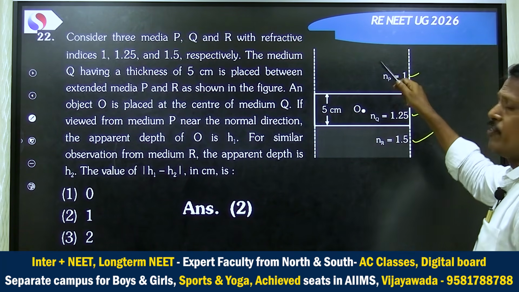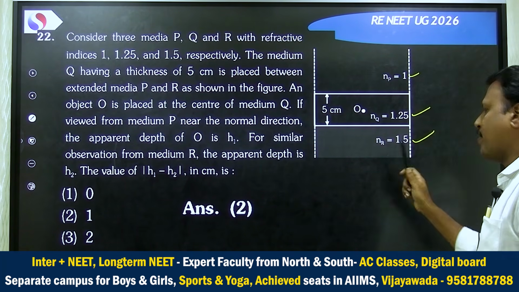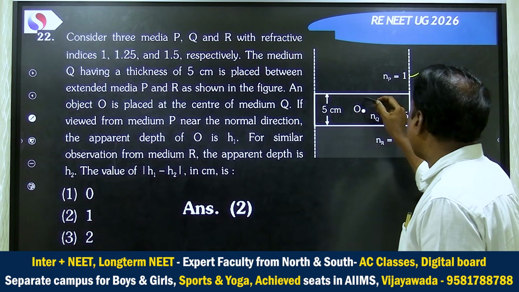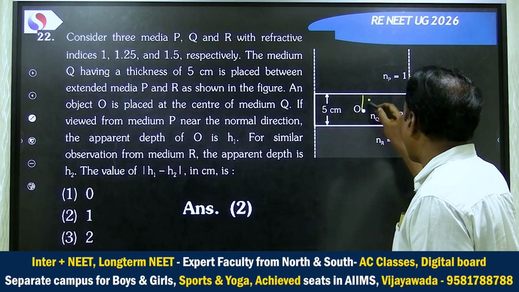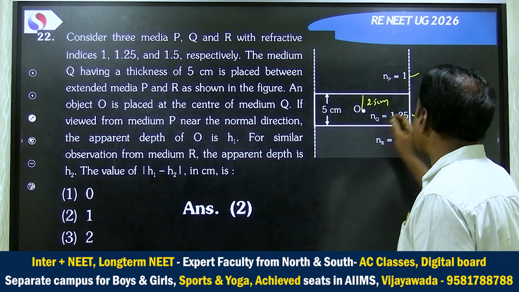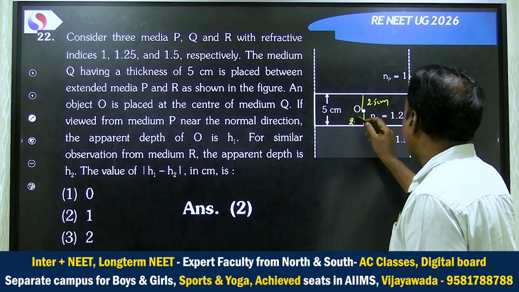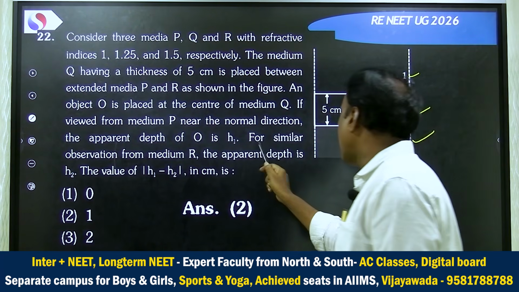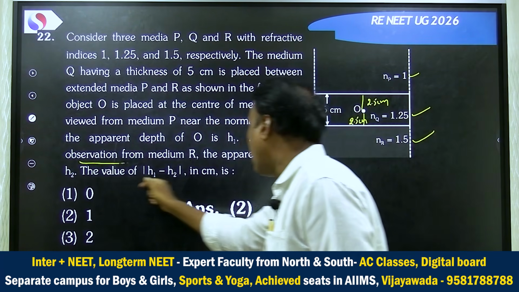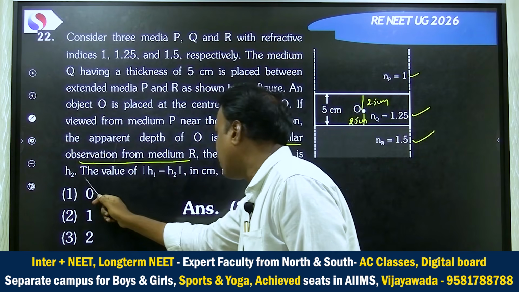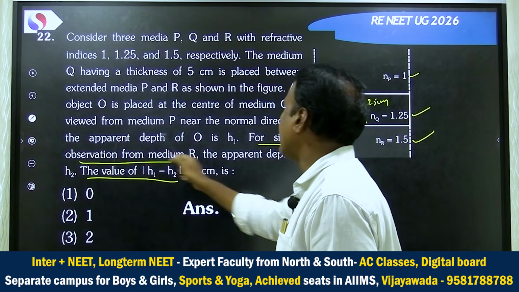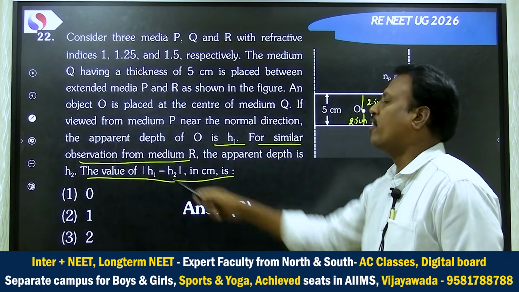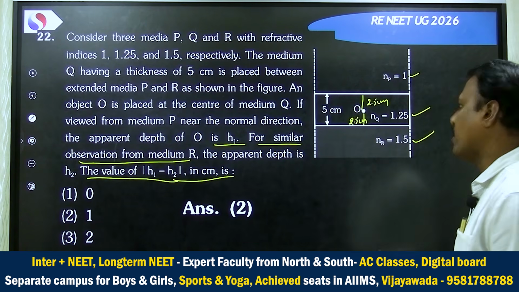Two observers, one from the first liquid, another from the last liquid, are observing the same O. Because it is 5 centimeter, just look at the boundary, this distance is 2.5, this distance is also 2.5. For similar observation, from medium R, the apparent depth is H2, from medium P, the apparent depth is H1. What is the difference in the magnitudes of H1, H2? That is the question given.